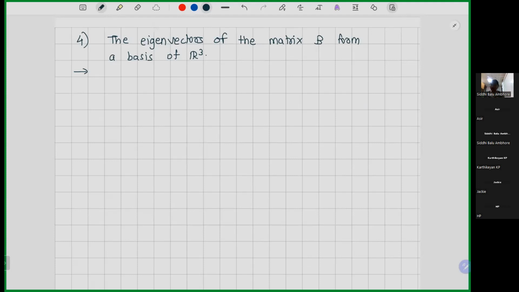Okay, so shall I write the argument for this? Let V0, V1, V2 be eigenvectors corresponding to eigenvalues 0, 1, 2 respectively.